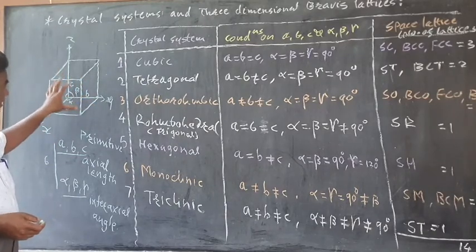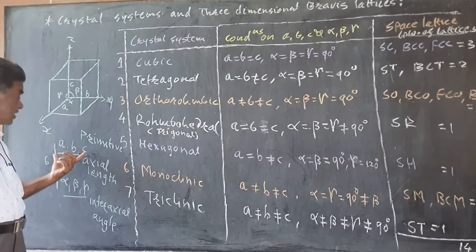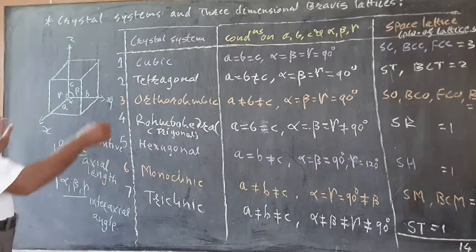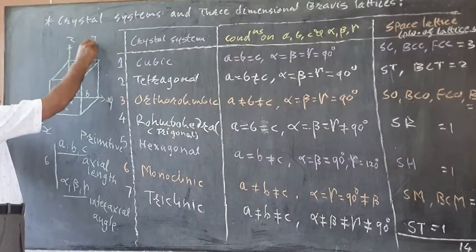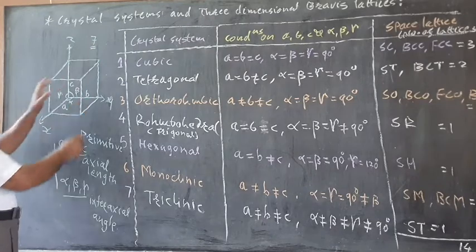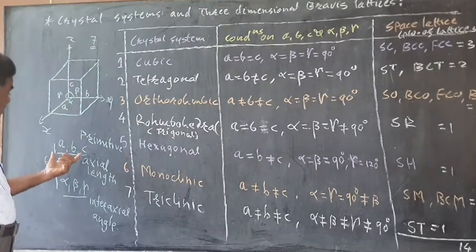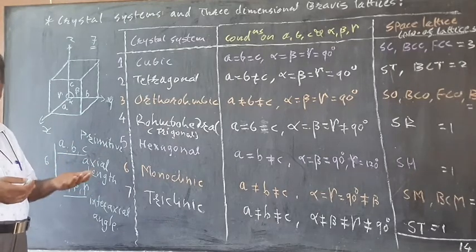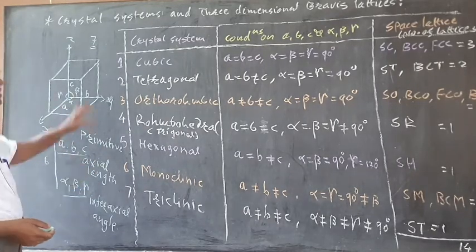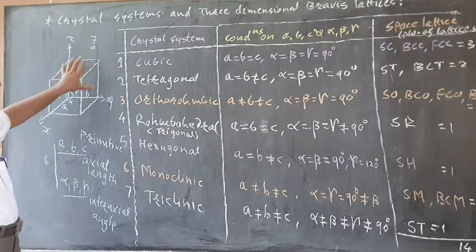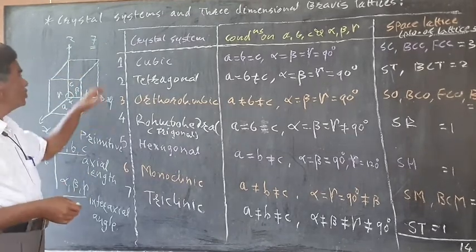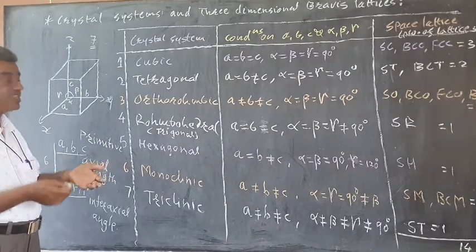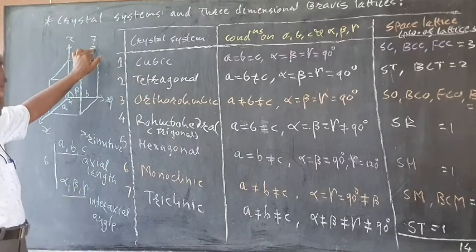So by putting conditions on A, B, C and alpha, beta, gamma, and also considering the symmetry elements, it is found that only 7 basic unit cells can be constructed. The repetition of the unit cell gives rise to the crystal system or crystal structure, so there are 7 basic crystal systems.